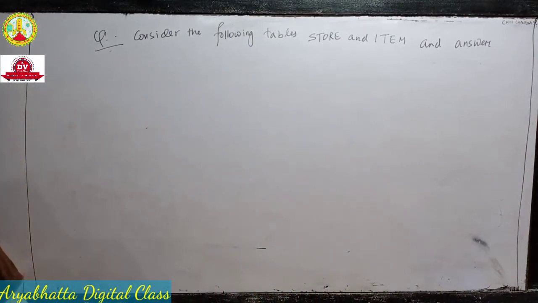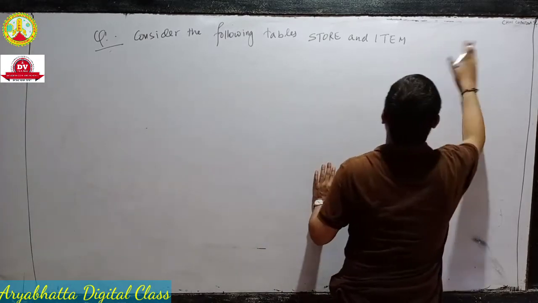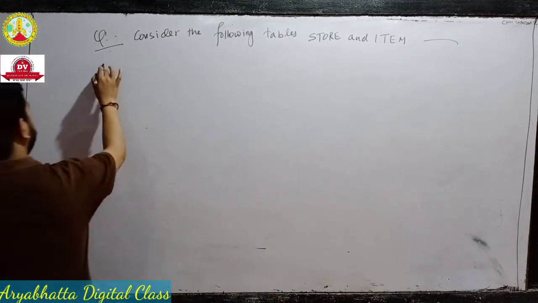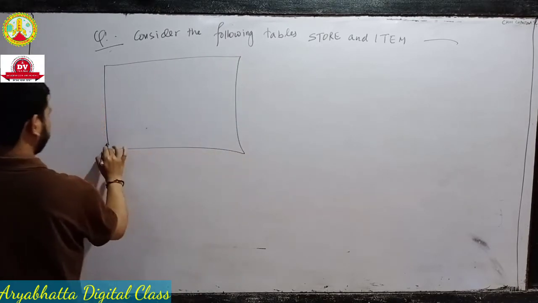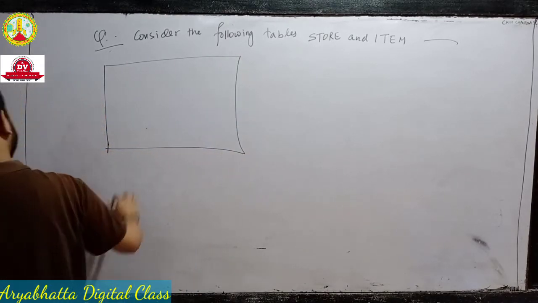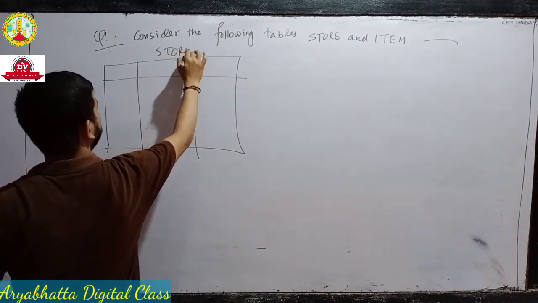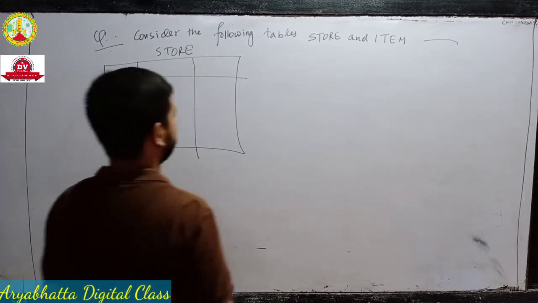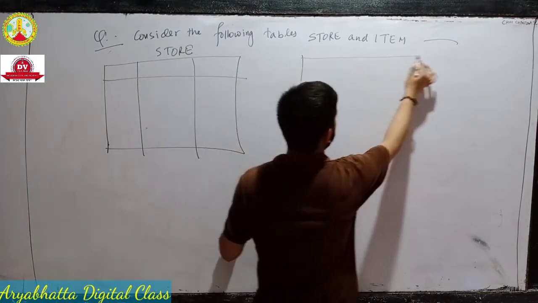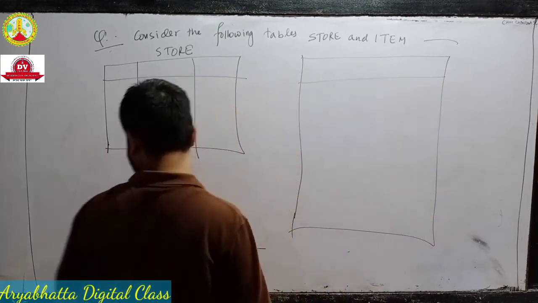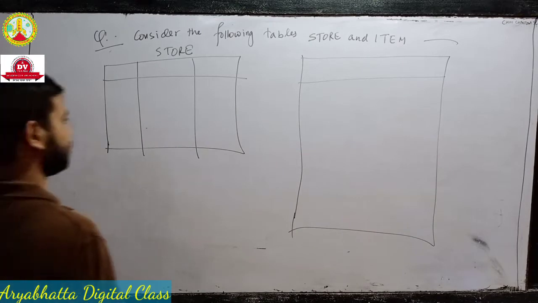We have to create two tables, and there are questions on them. In the store table there are 3 attributes. And there is an item table. This is our item table, and there are 4 attributes.